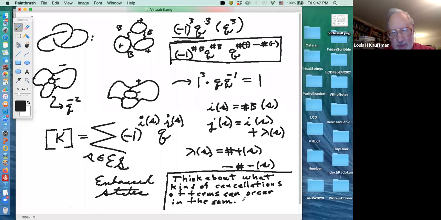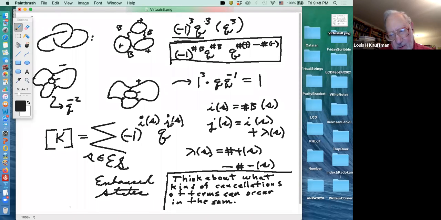We sometimes have a large knot, but the polynomial is very small, and it has to do with the fact that one of these terms cancels another term. You could have a term with a certain sign and another term with the opposite sign, but it would have the same j. And you could think about, well, how could that happen? It would be different states, but you could have cancellations like that.